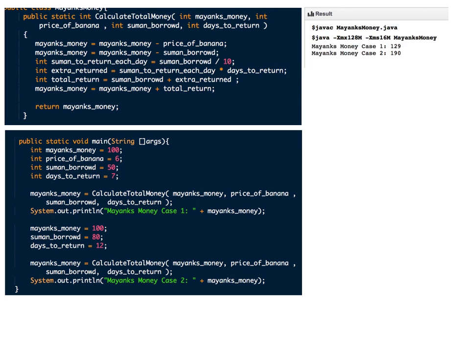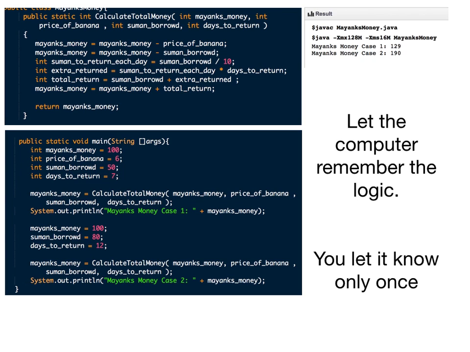When we execute it, we see in the first case 129 is expected, and in the second case 190 as expected. So you see, once we codify, once we let the computer know the logic, you just don't need to remember, and you can trust the computer to do it the same way again and again. So this is how we build interesting things.